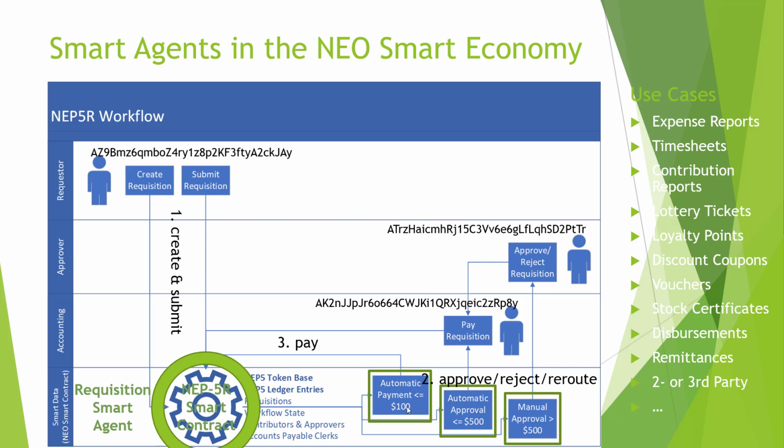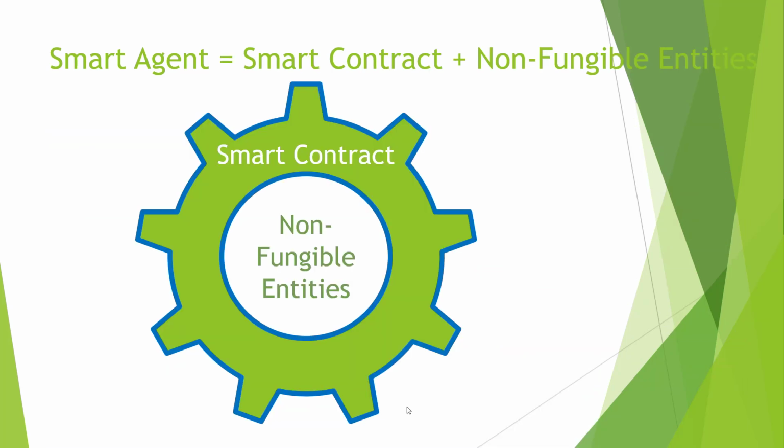So I generically refer to these as requisitions, but it could be expense reports, timesheets, contribution reports, lottery tickets, loyalty points, discount coupons, vouchers, stock certificates, disbursements, remittances. And these could be second or third party, two-party or third-party activities as well. It's just a question of how complex you code the business rules in your NEP5R smart contract.